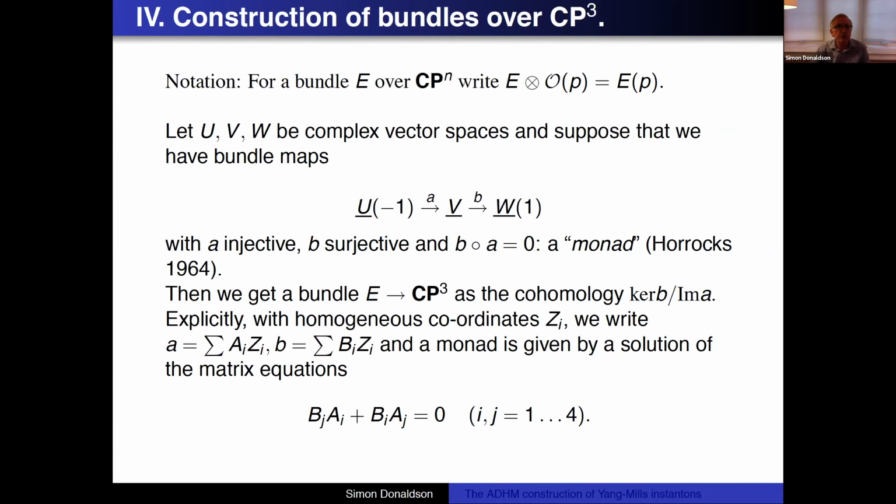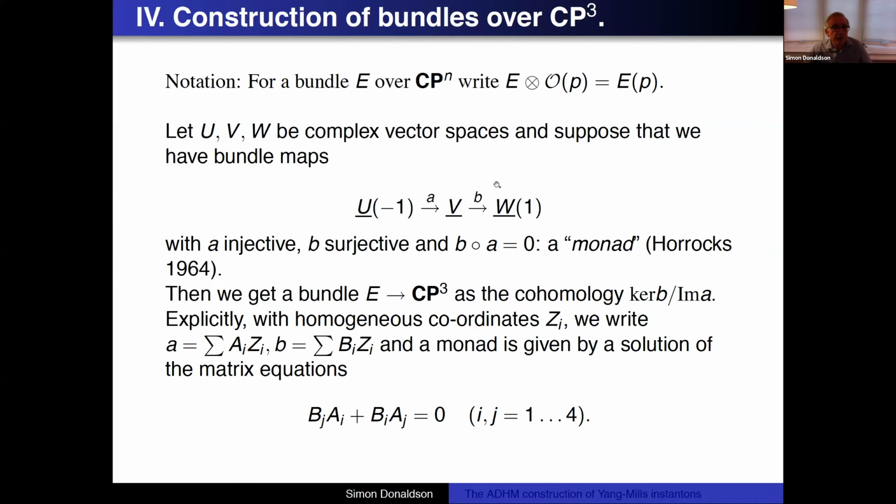These could be considered more generally, but for the case at hand, we just want to consider a very particular situation where we take three complex vector spaces, U, V, and W, and let's write underline U, underline V, and underline W for the corresponding trivial vector bundles over, in this case, CP3.